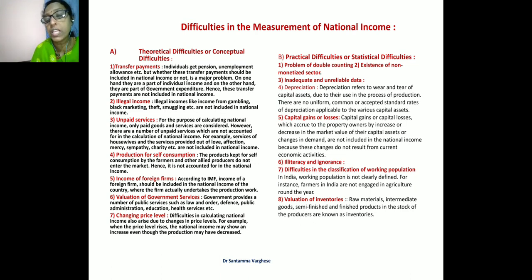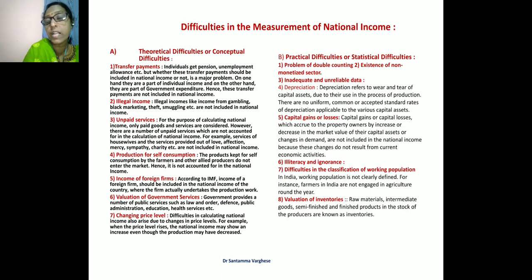Illegal income means illegal things like black marketing, theft, smuggling. All these are not taken into consideration while calculating national income. Then there are many unpaid services, like the services by the housewife, or the teacher teaching her own children, and many other social services given out of affection and consideration. That also is not included in national income.